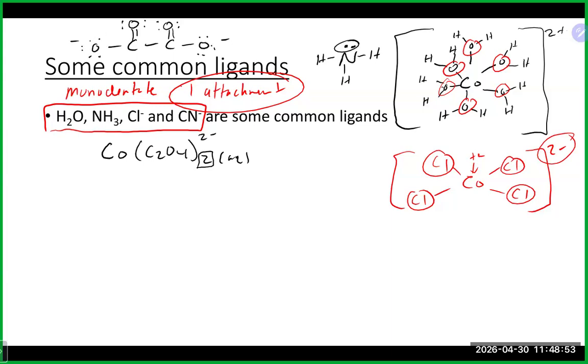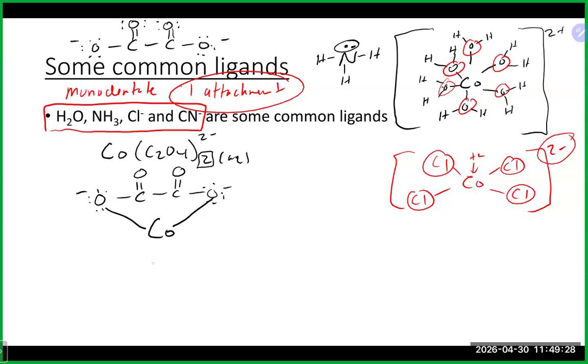Oxalate is two carbons and four oxygens, where we have two single bonded oxygens and two double bonded oxygens. The way that oxalate would attach to the cobalt in the middle of the complex ion, if I drew it again here, I won't put all the dots in this time, is via both of the single bonded oxygens, because they have all those nice lone pairs and it's the polar side of the molecule.